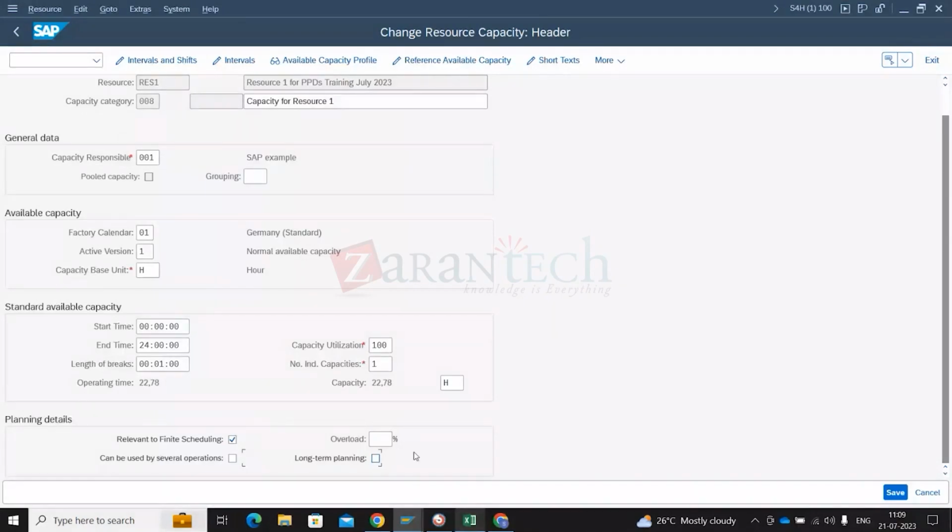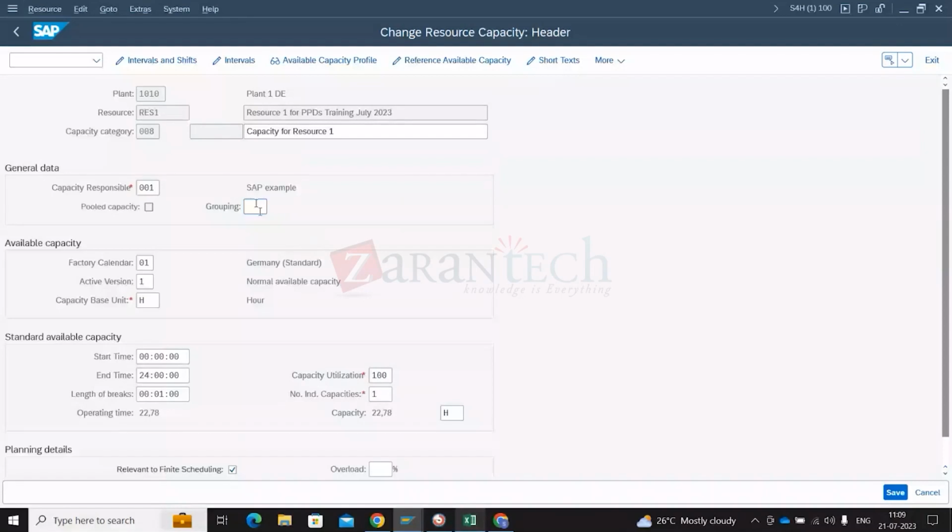Okay. You can do multiple resources grouped together. There is a concept of pool capacity, which we are not trying right now, but for your information, pool capacity is like shared capacity. Say I have got 5 electricians on my shop floor. Once you assign an electrician for one particular operation, you might need 2 electricians, 3 electricians, or only one, and so on.